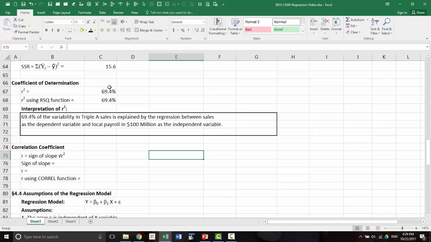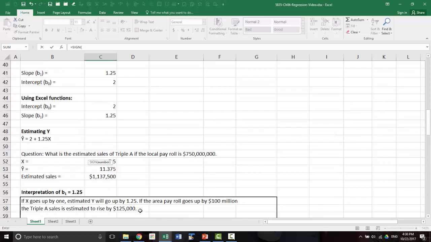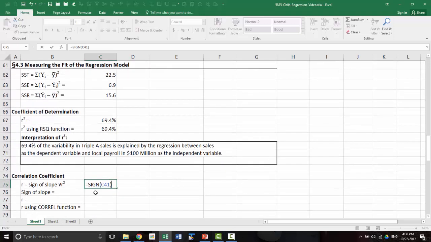So from R squared to get to the correlation coefficient, we first have to find the sign, the nature of the relationship. Is it a positive relationship or negative? That comes from the slope. So here there is the slope. We can use the Excel function SIGN, which will give you +1 if the number is positive and -1 if the number is negative.